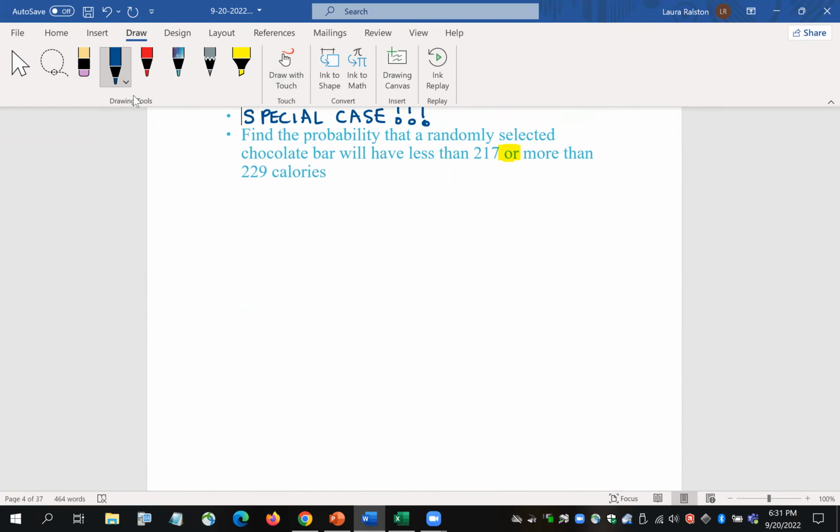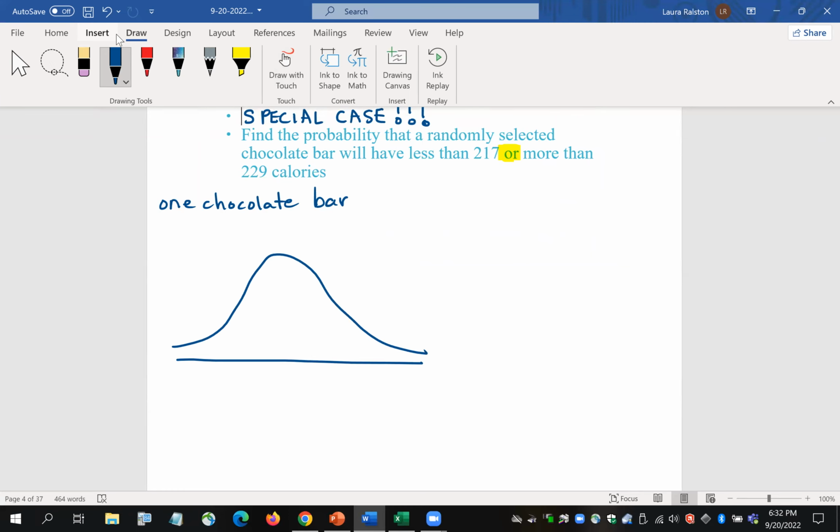Okay, so notice we're selecting a chocolate bar. So again, it's 1 chocolate bar. And we know that we have a normal distribution. So I have my horizontal number line, my bell-shaped curve, my mean is still in the middle, which is given as 225.